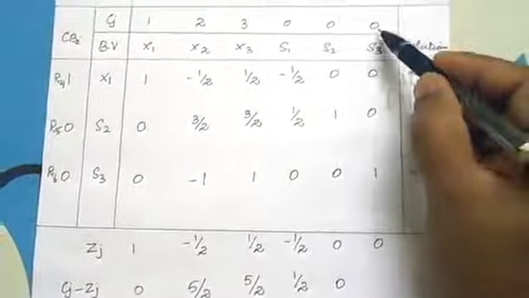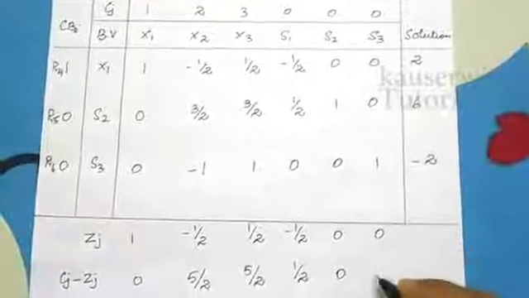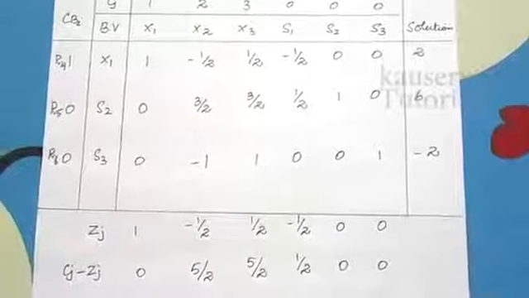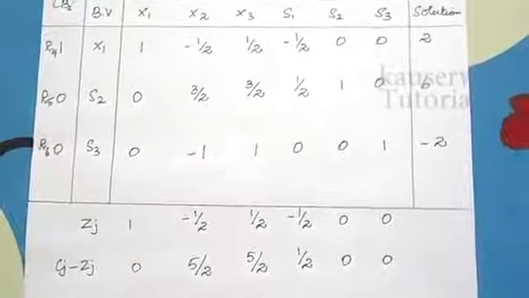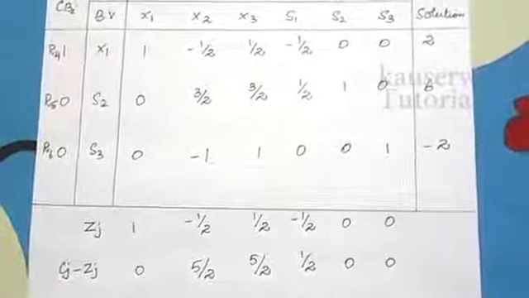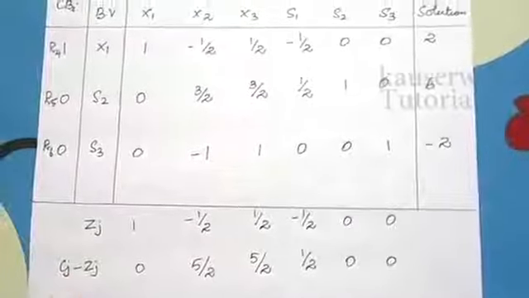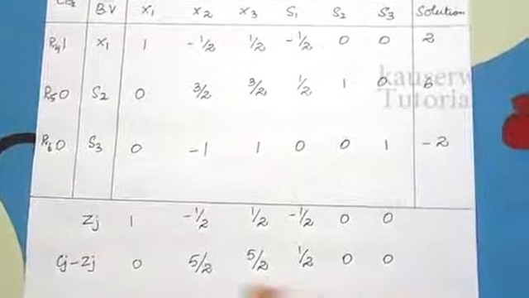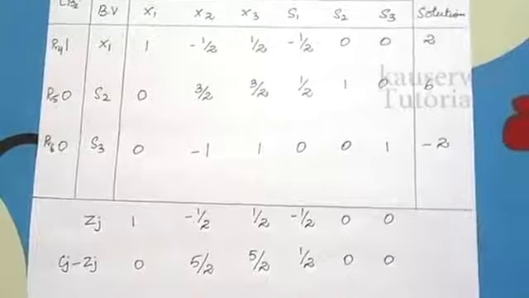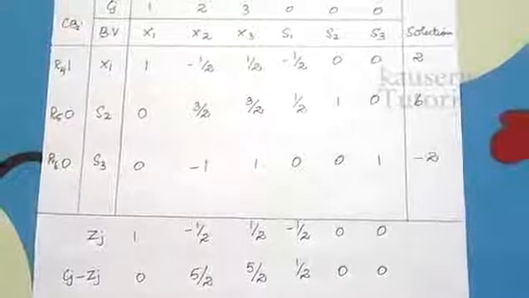Then the last value 0 minus 0 is equal to 0. After finding Cj minus Zj value, now see the optimality condition. Our optimality condition is all the Cj minus Zj must be greater than or equal to 0. So here we have got all zeros and positive values. So optimality is maintained in this iteration also.